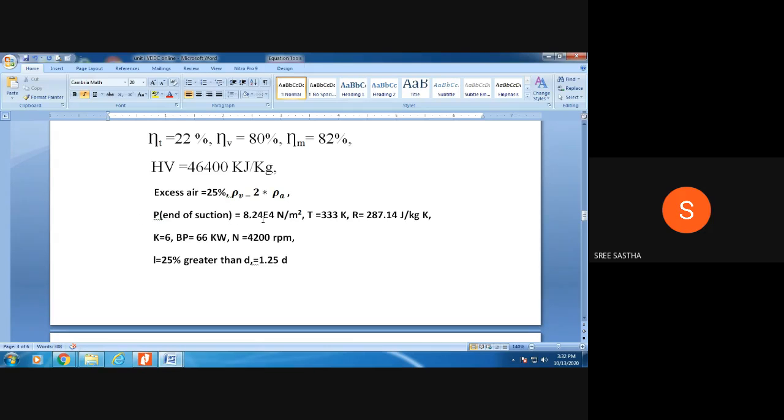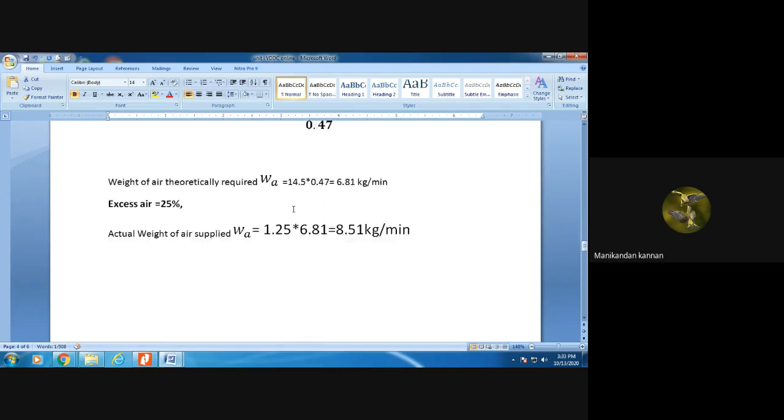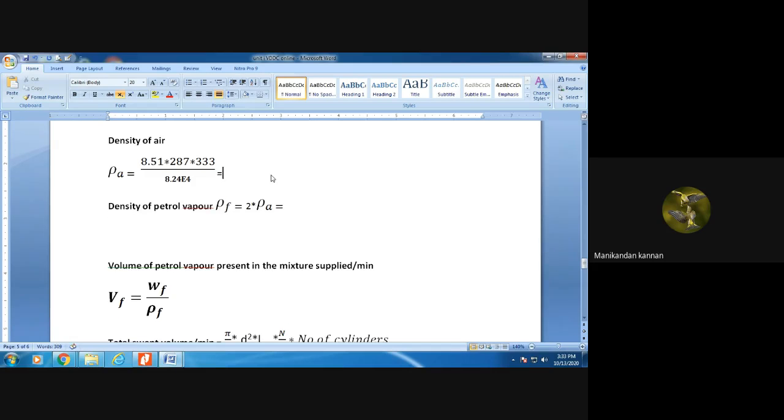Pressure at the end of suction we need. So it is given as 8.24 e power 4 into 10 to the power 2. Now you find volume of air. Then it is given that the density of our fuel, that is petrol vapor, will be 2 times the density of air. Let me explain, then you proceed.